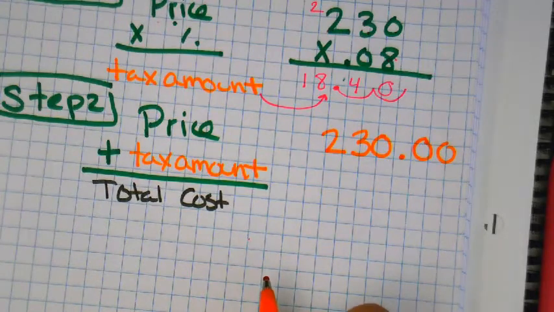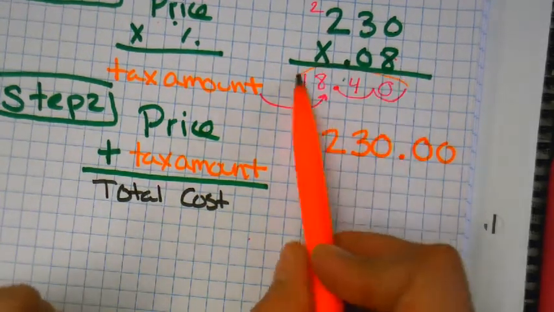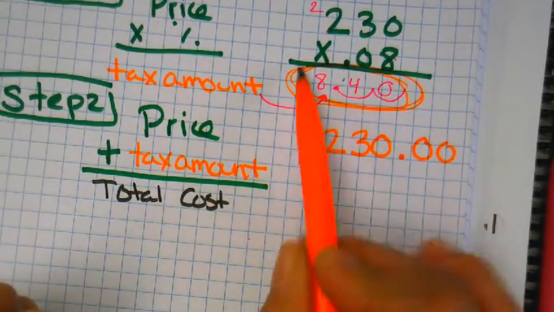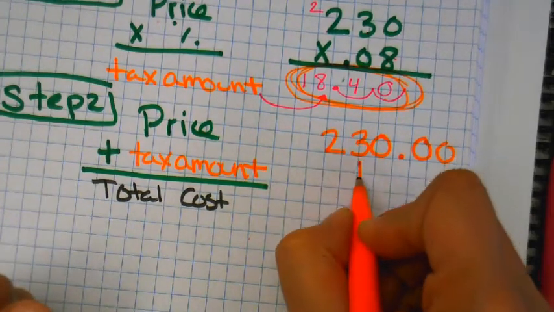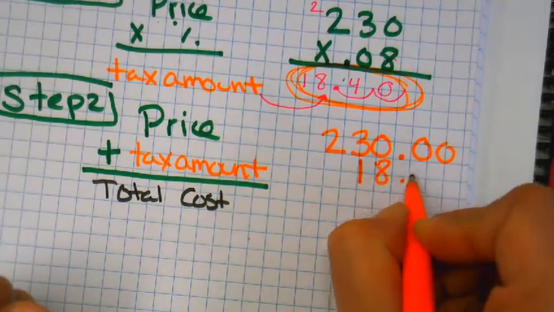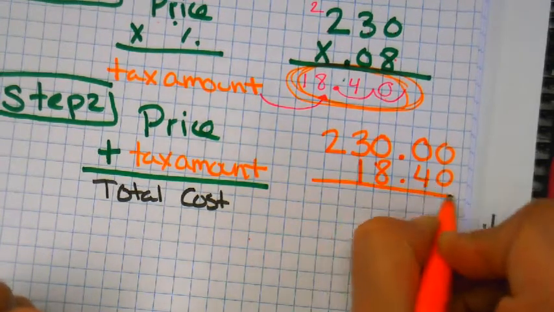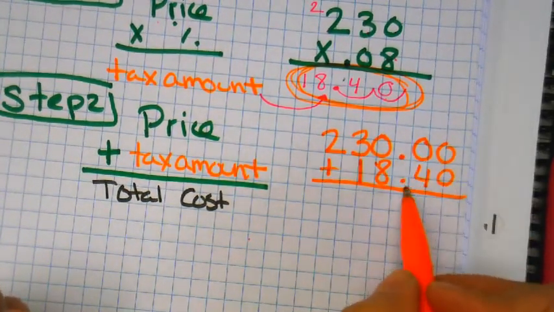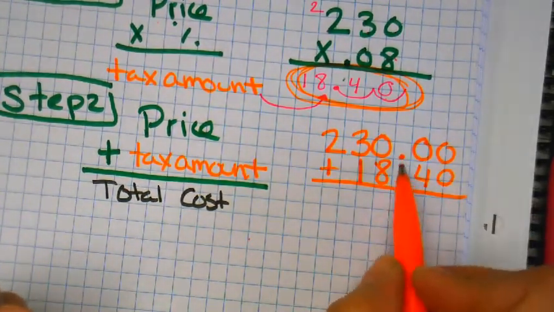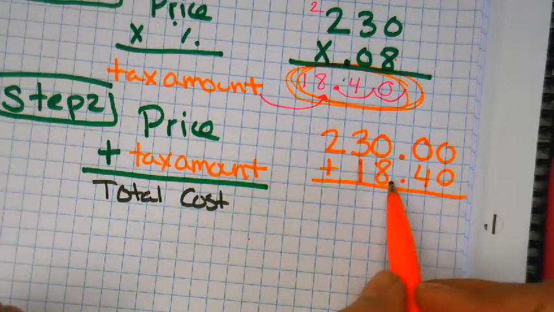Why do I do that? Because your tax amount has some decimals. So we got to transfer this over nice and neat. And you got to make sure that your decimals line up. Look at how beautiful my decimals are.